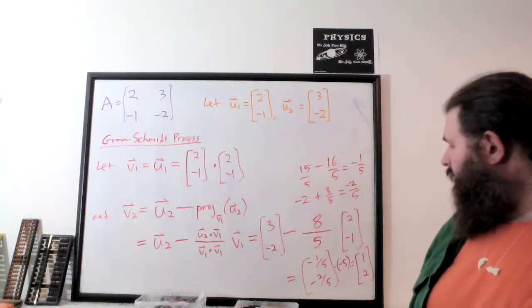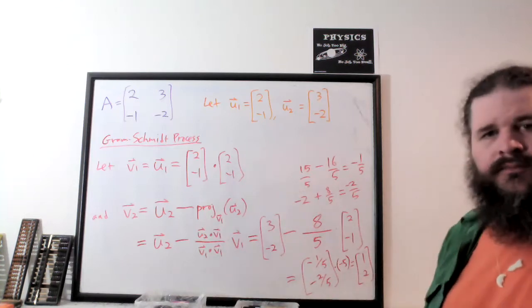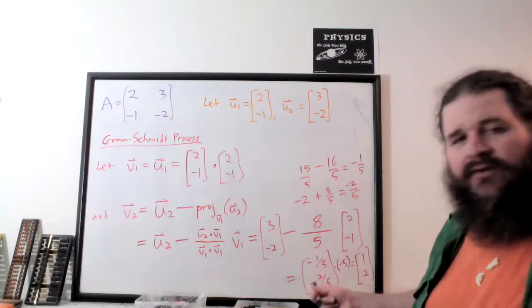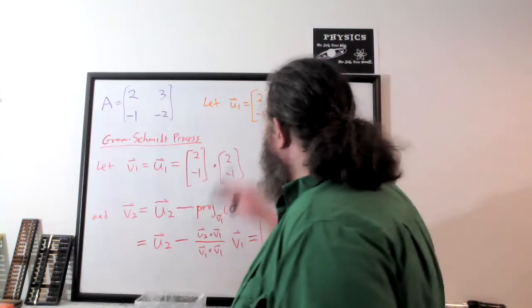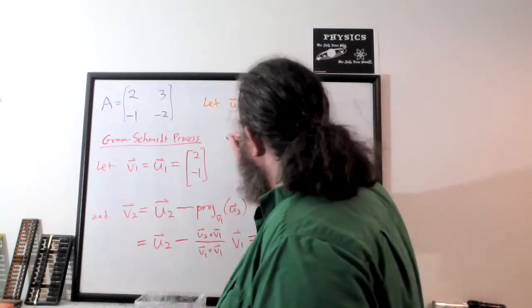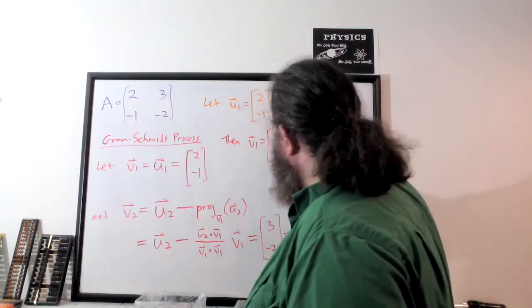So let's say V1 is (2, -1), and V2 is (1, 2). Or you could keep the -1/5, -2/5, but I think it's just going to be easier to work with whole numbers here. So that's our V1 and V2. V1 is (2, -1).